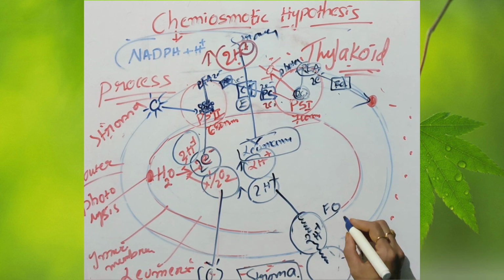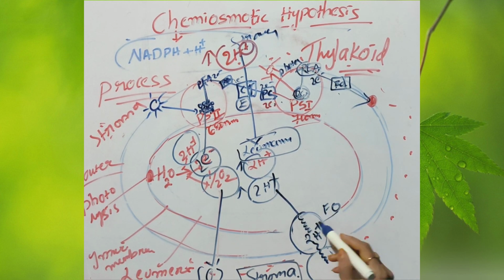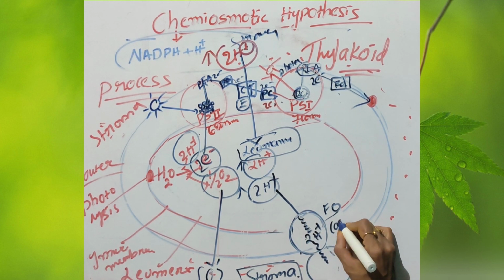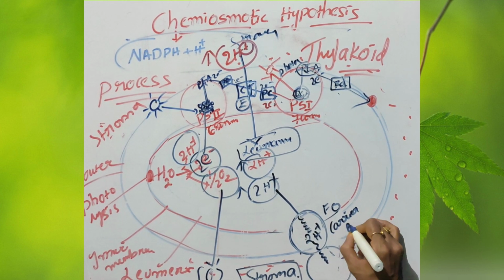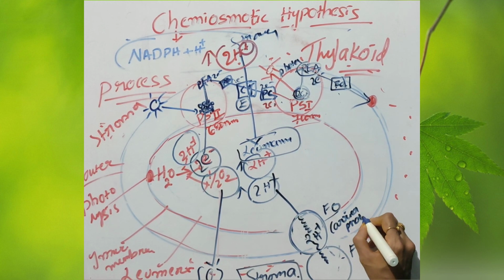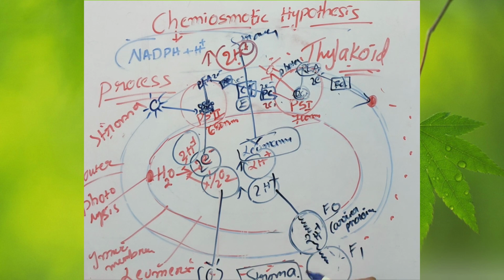F0 is very important for the transportation of protons. F0 acts as a carrier protein. What is the application of a carrier protein? Transportation of protons with utilization of a high amount of energy.